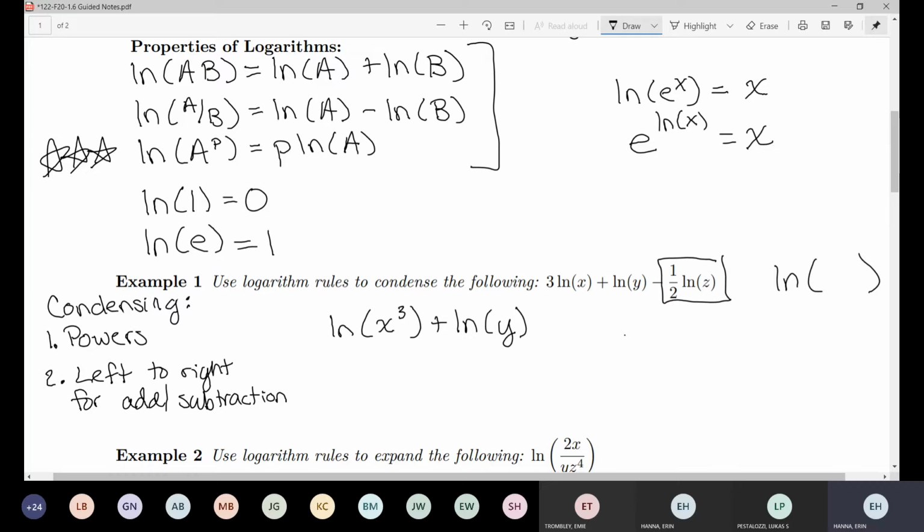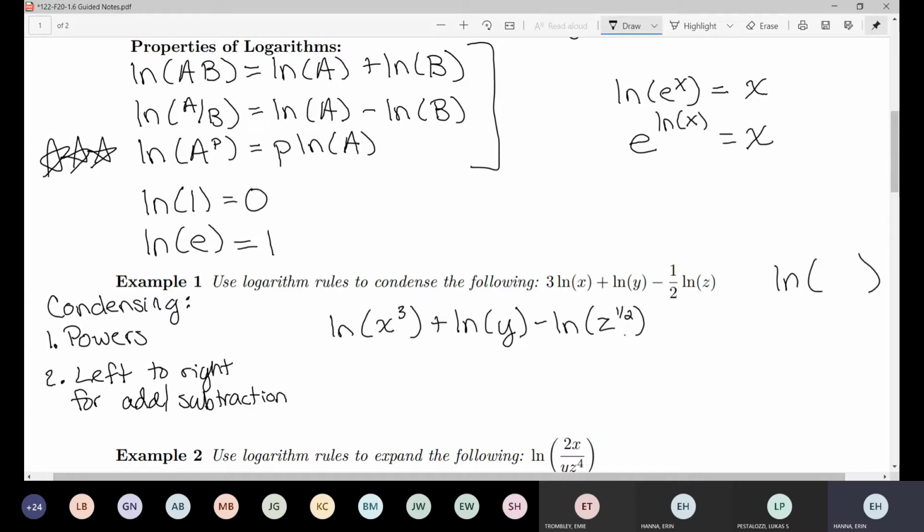It's the same algebraically, but I personally suggest just taking the number. So I would say minus natural log z to the 1/2. Take that 1/2 in as the power.